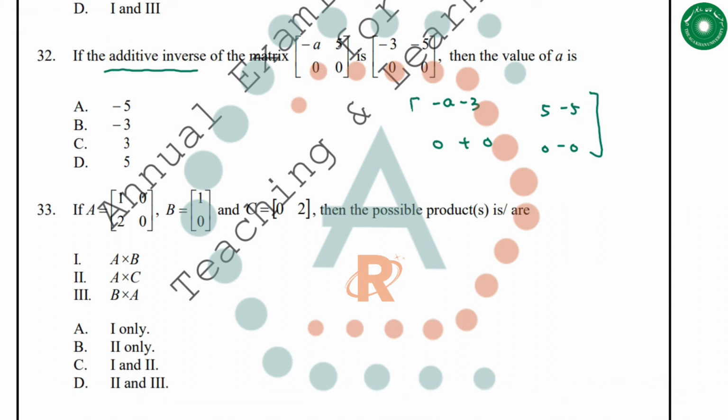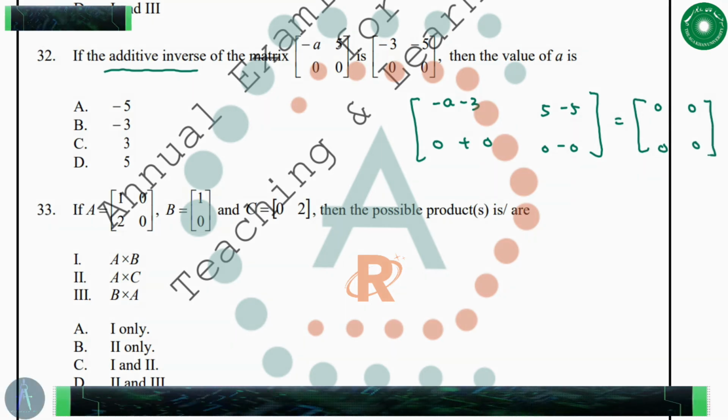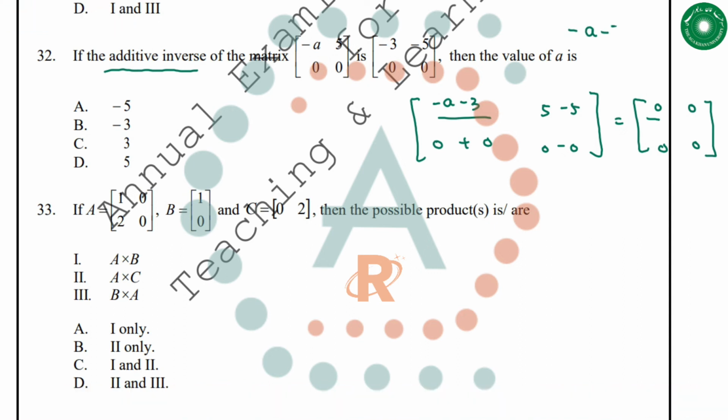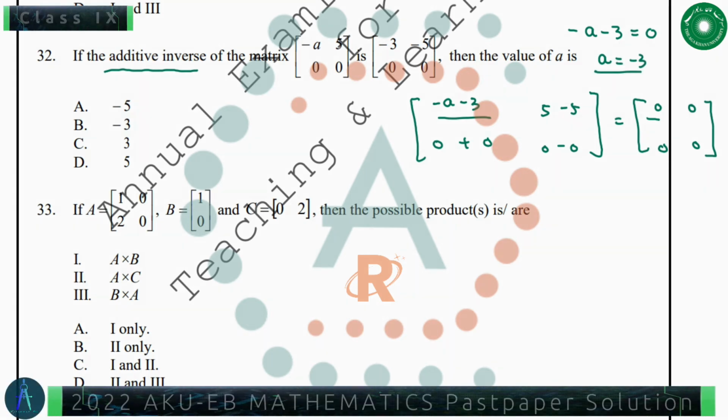So this whole matrix should be equal to the null matrix because दो additive inverse को add करने से result always is a null matrix. So minus A minus 3 should be equal to 0. So in this way इसको solve कर देते हैं. Minus A minus 3 is equal to 0. So A will be equal to minus 3. Option B is the right answer.